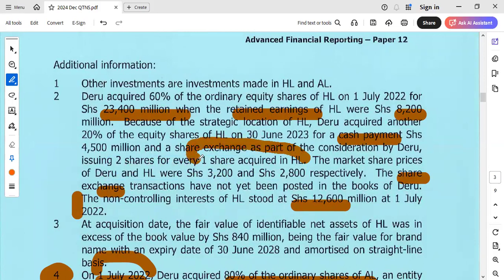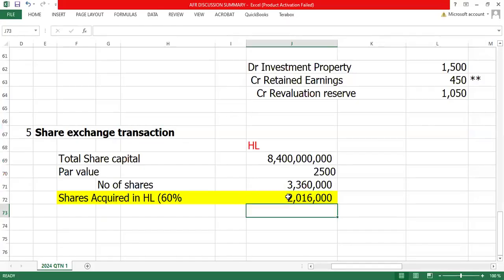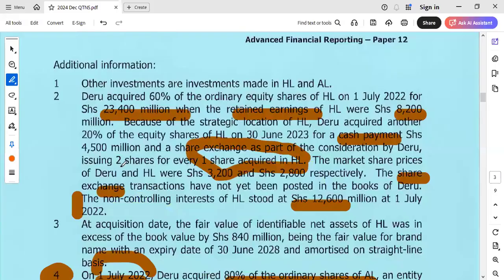You have these ones. For every 1 share you acquired in HL, you are issuing 2 shares.